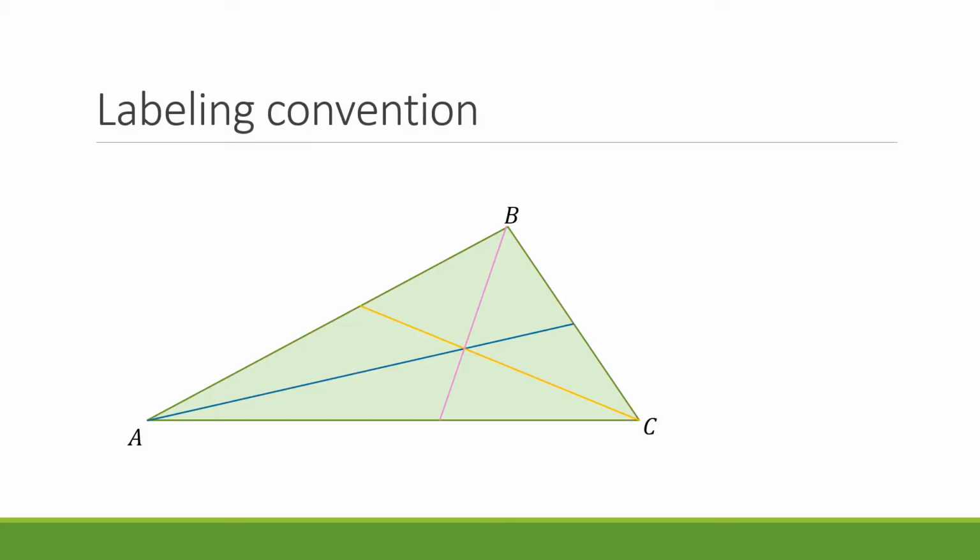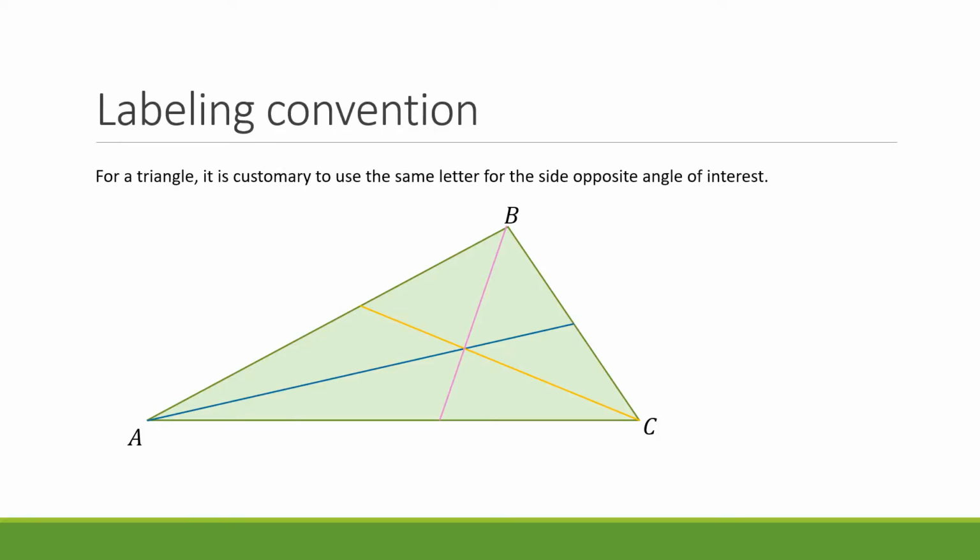As for a triangle, the usual convention is we use uppercase letters for angles, since you don't want to write latte and mocha 5 times, and use the same letter for the side opposite the angle of interest. So in this case, the bottom side would be called B, just like the angle on top.